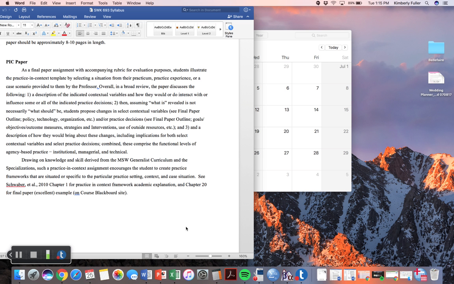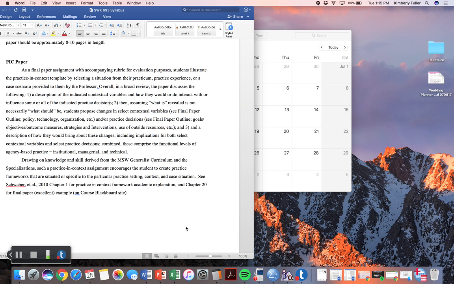So one thing that you're going to be doing for this is looking at a practice in context situation. Now, often in these other courses, they're talking about specific contexts, like a hospital, a nursing home, or some other facility where you might see clients.